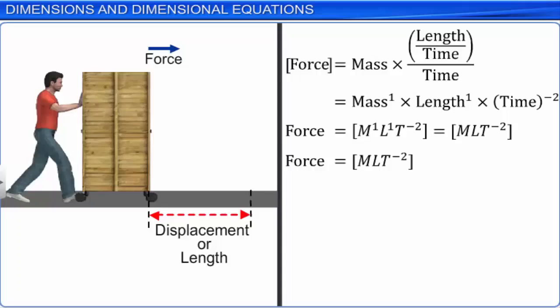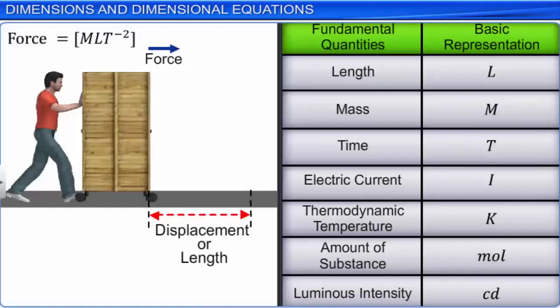Of the 7 base quantities in the SI system, we see that only 3, namely mass, length and time, exist in the dimensional formula for force.